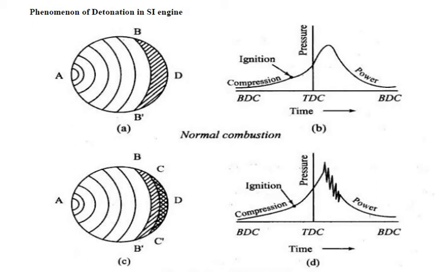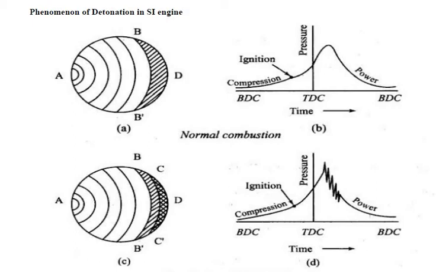This point A represents the location of the spark plug, at the TDC portion. The D point is the bottom dead center, the BDC. And here there is one hashed area, that is B dash and D.